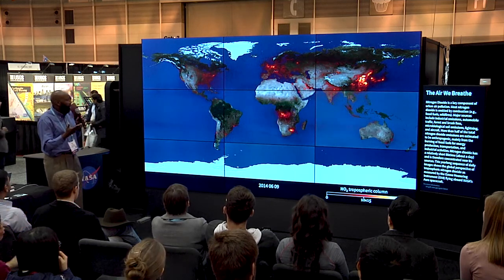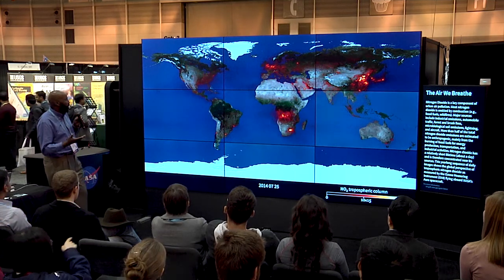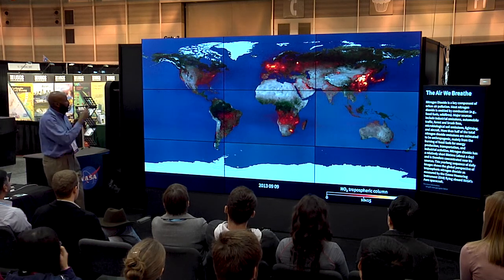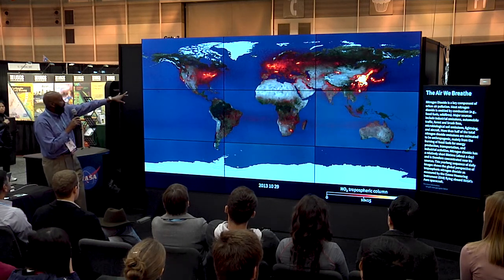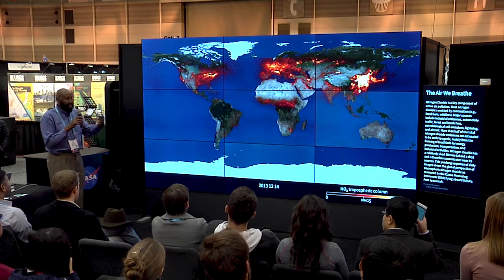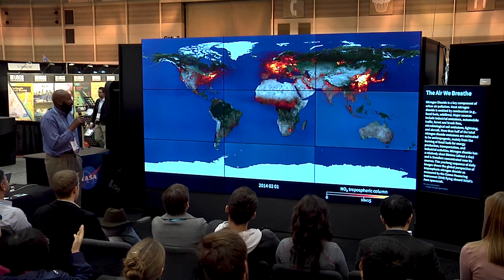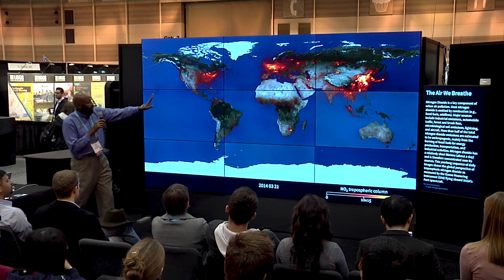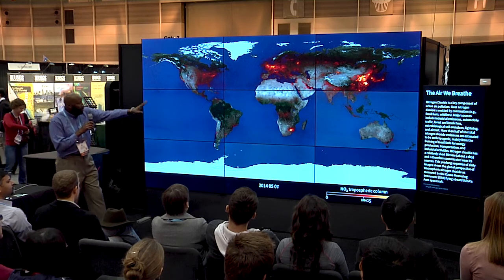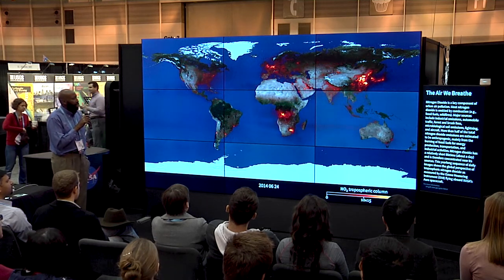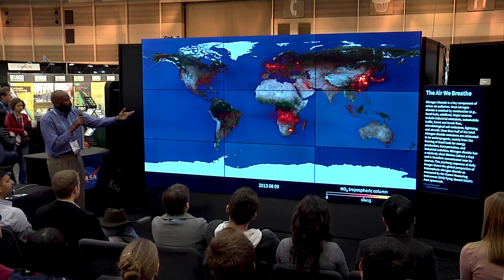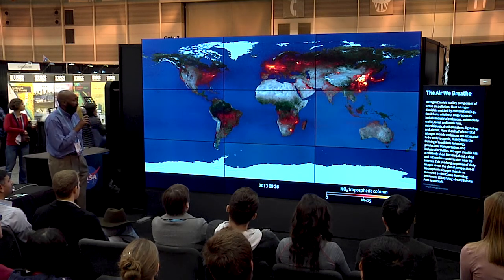Sulfur dioxide is also emitted by the combustion of fossil fuels. And so in industrial areas of the United States and also in Europe, you see that there's a lot of production of nitrogen dioxide. And then, of course, in Asia, China and Japan, those industrialized regions, there is also a lot of production of nitrogen dioxide.